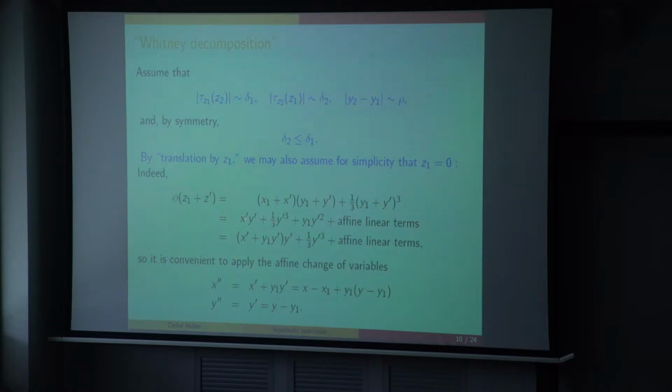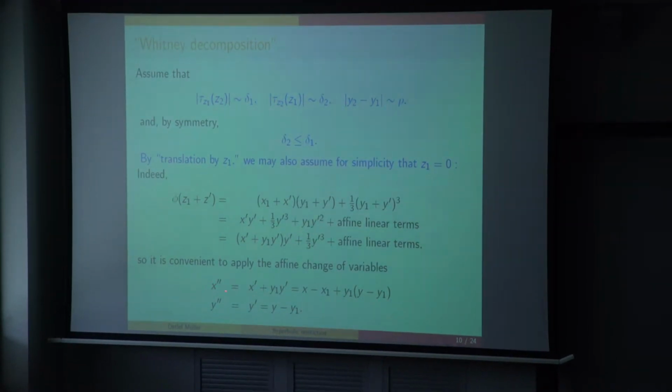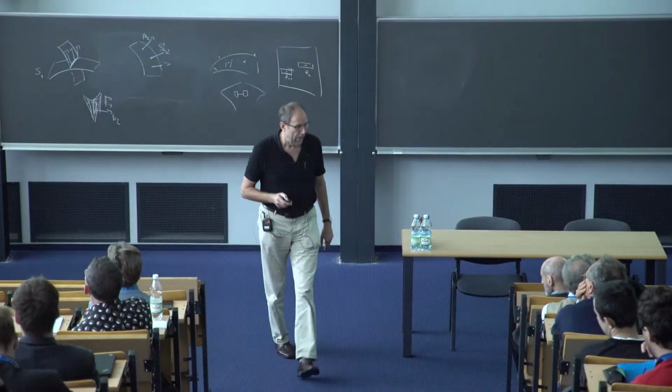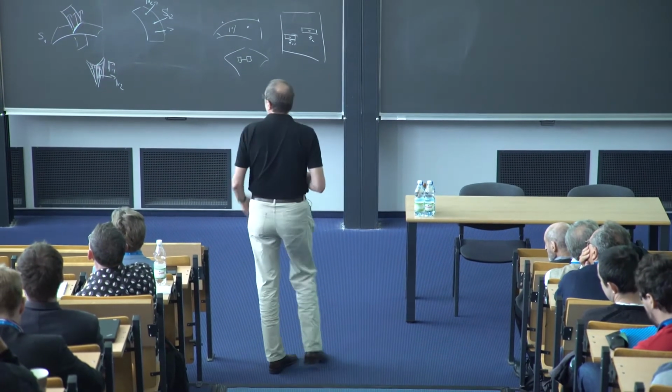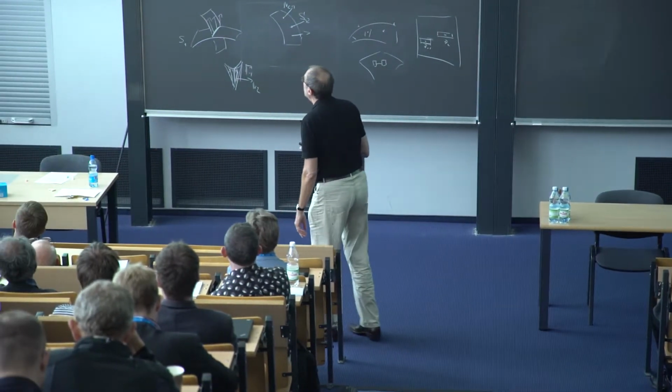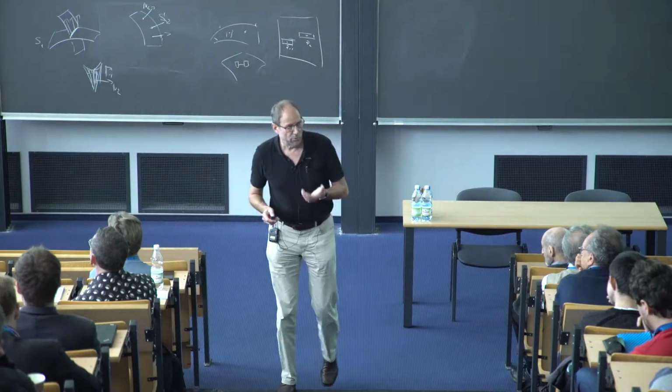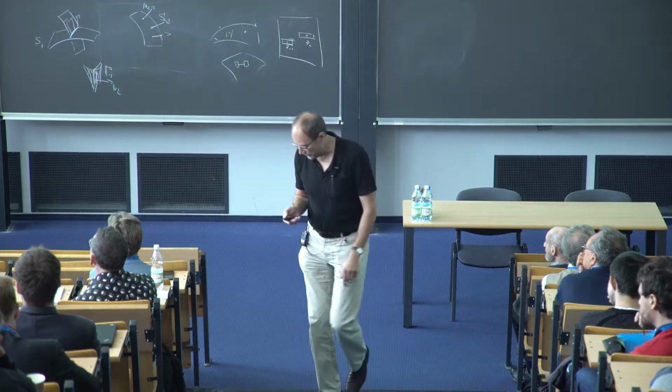If you take this as another coordinate x double prime, and y prime as another coordinate y double prime, you still get phi of x double prime, y double prime, plus some affine linear term, which doesn't matter in this problem. So affine terms don't matter. Okay, so that helps. So from now on, let's just assume that z1 is 0, because then everything gets even simpler.